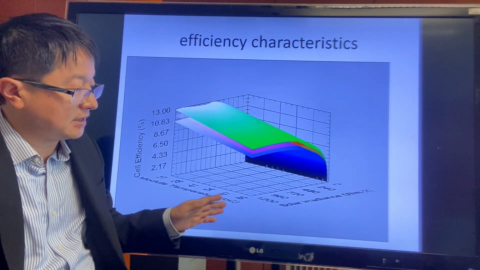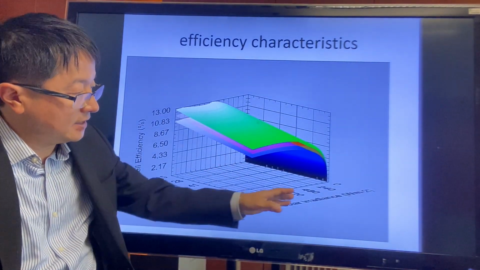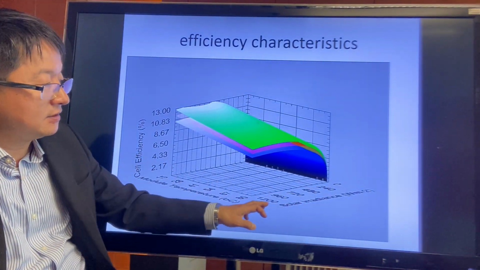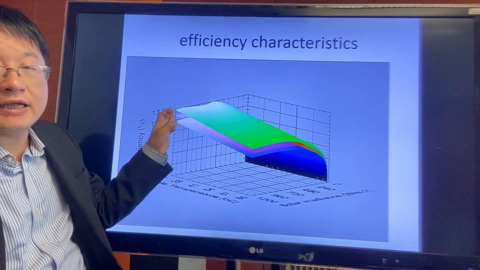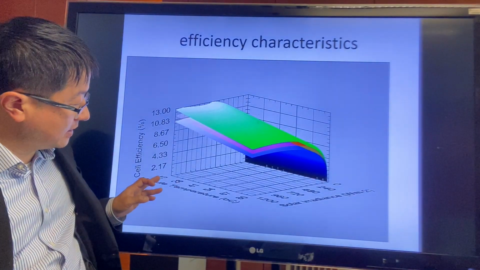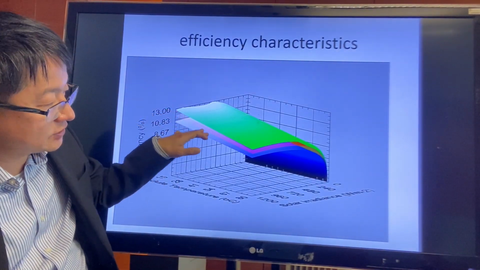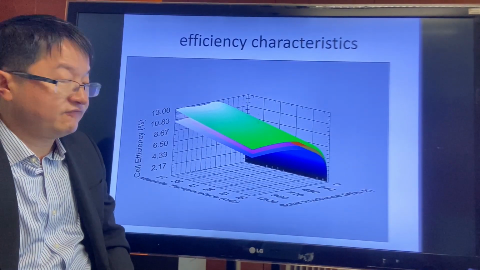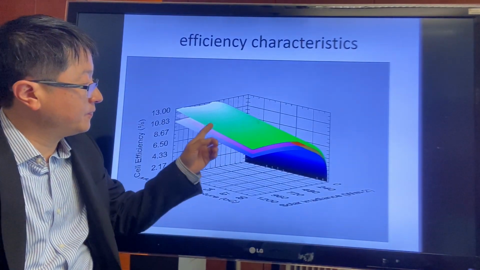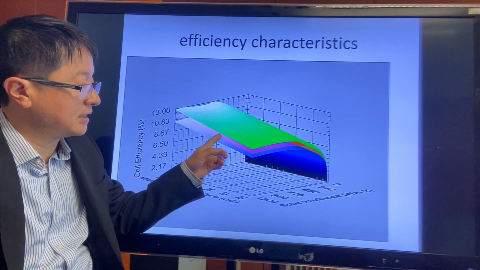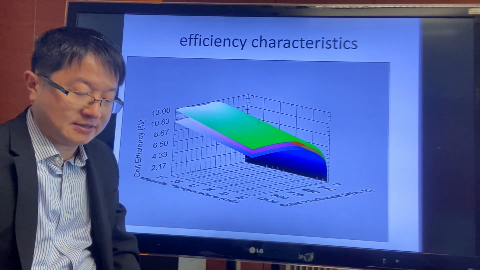Okay, so you can see that when the radiation is stronger, the efficiency is much higher. And also, when the temperature increases, you can see here, the efficiency drops. And the efficiency for blue light is lowest, and then red light is better, and so on.